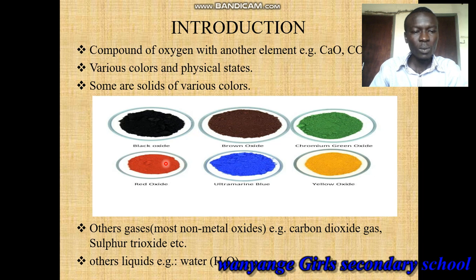Now, we already talked about this. Some oxides can be gases, which we said are mostly non-metal oxides. For example, carbon dioxide, sulfur trioxide, sulfur dioxide, nitrogen monoxide, carbon monoxide, nitrogen dioxide.